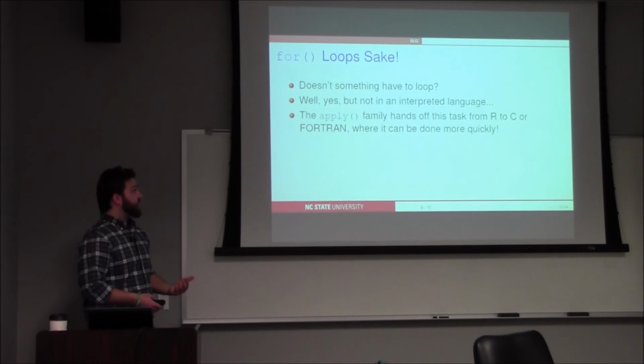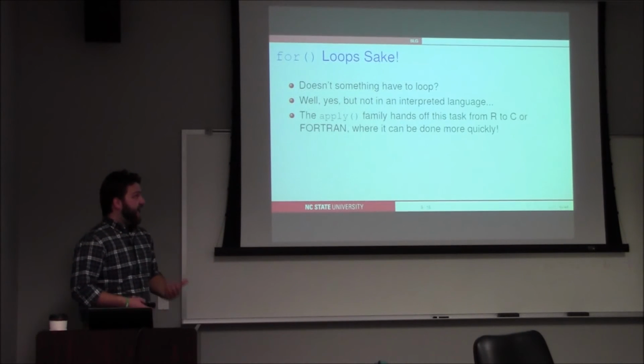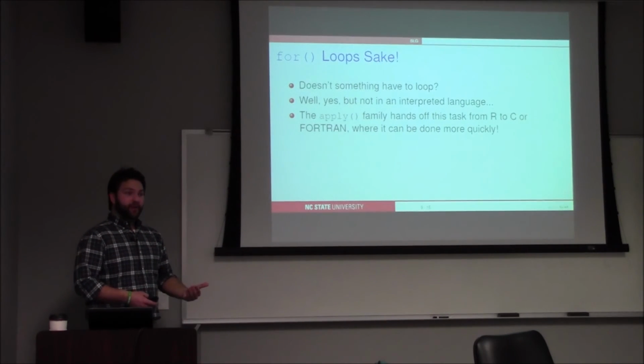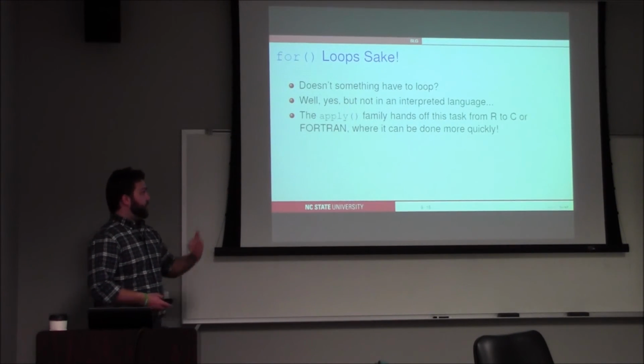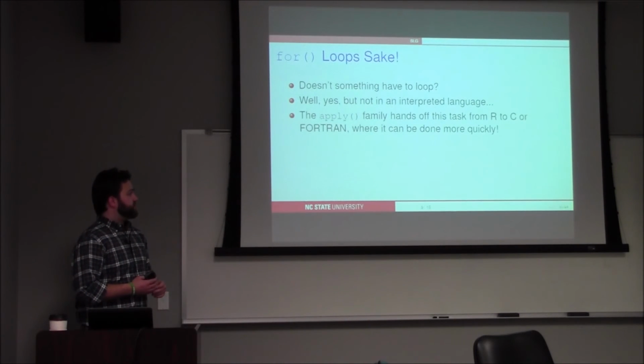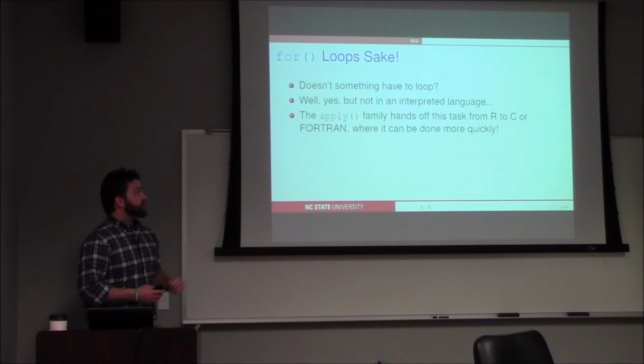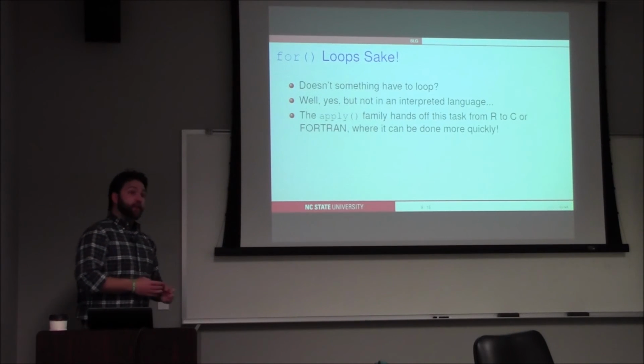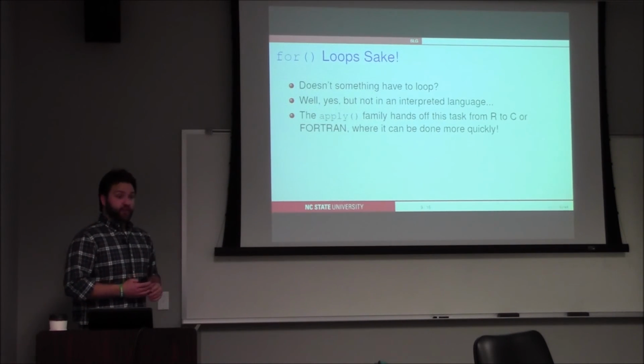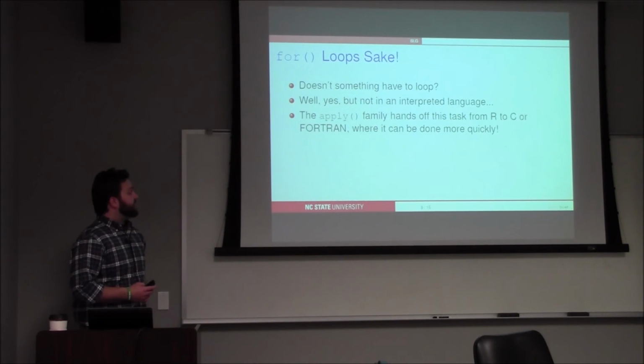So what the apply family of functions does is it hands off this task from R to C. Like we've talked about with C, it is a compiled language and not an interpreted language. So this can be done more quickly when we pass it onto a different place. So this is a very intelligent workaround for this.